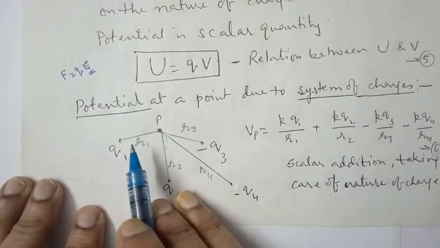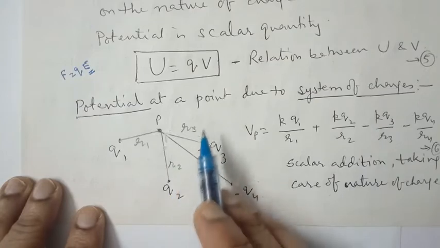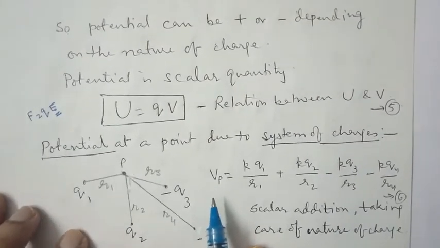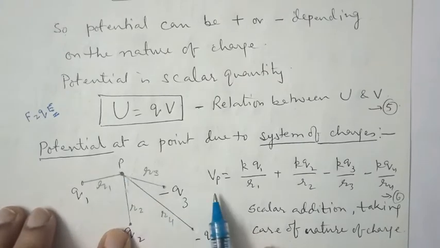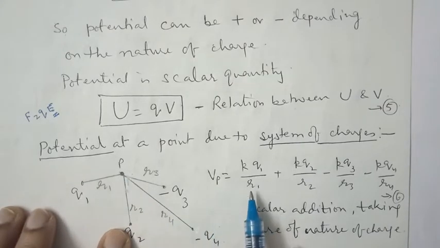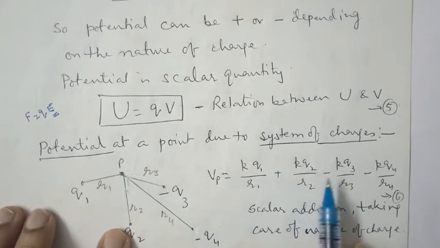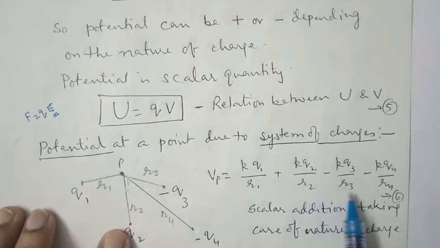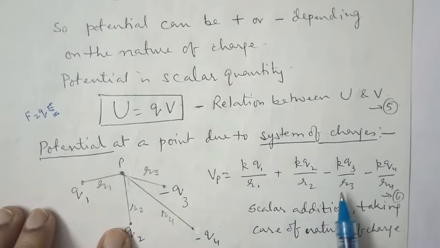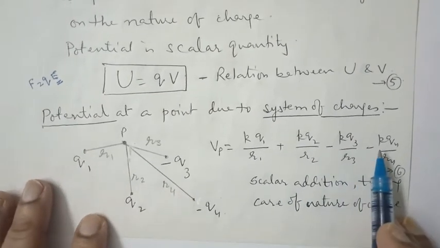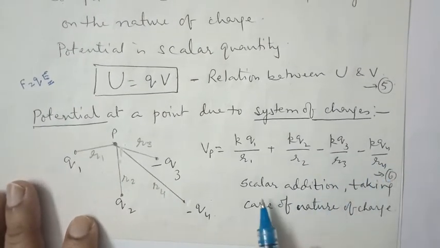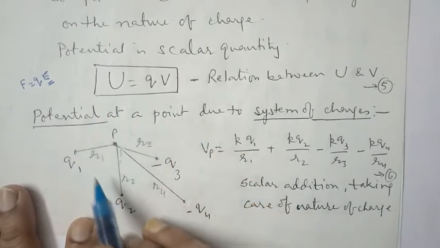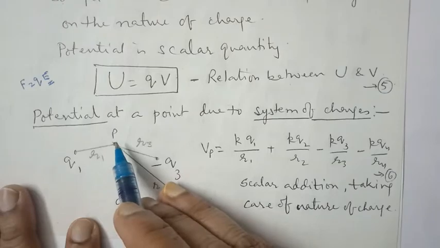If I know the distances R1, R2, R3 and R4, the potential at point P will be KQ1 by R1 plus KQ2 by R2 minus KQ3 by R3, because it is a minus sign here, and this is also a minus sign, and hence minus KQ4 by R4. That is the total potential due to all 4 charges at this point.